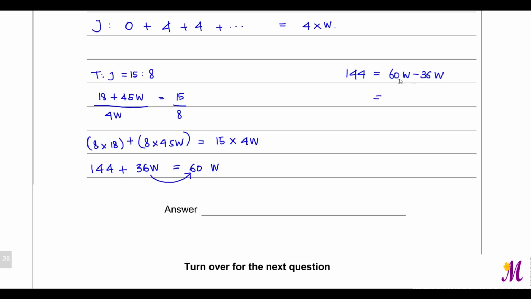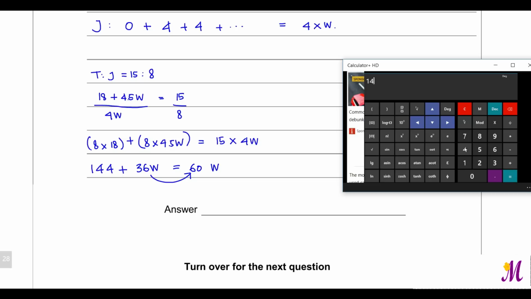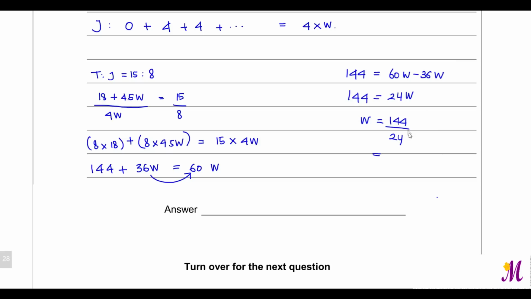So 60w minus 36w will be 24w, and it's still 144. So w is 144 divided by 24, which is, let's use the calculator, 6. It is 6. So this ratio will happen after 6 weeks.